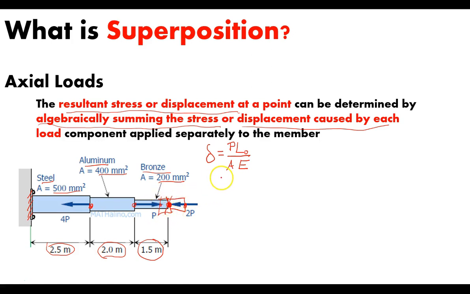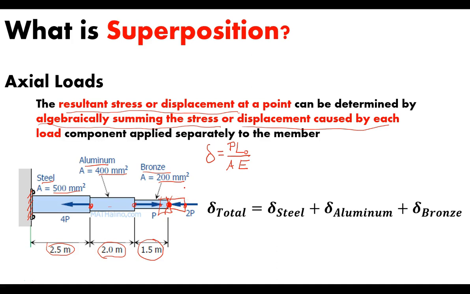We don't know right off the top of my head the modulus of elasticity of each one, or how they correspond to their relative lengths and areas. So until we work through the numbers, we don't know which direction this point is going to go, but we do know it's going to be the sum of all three of those segments, those different load components.